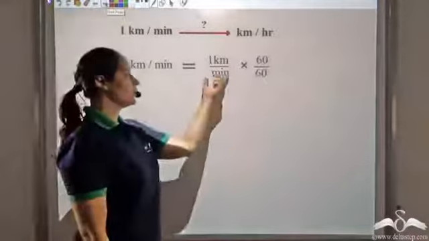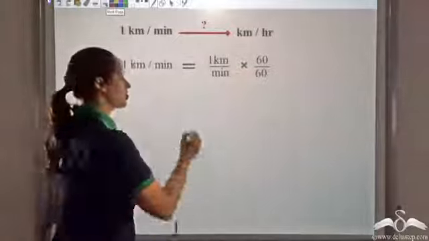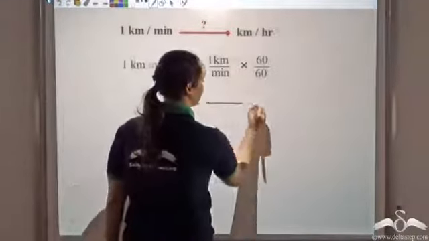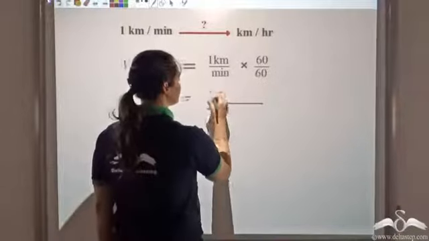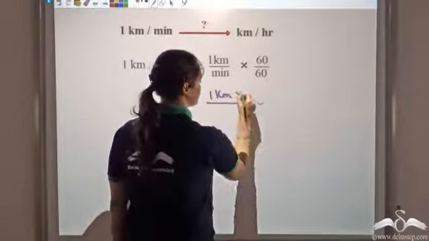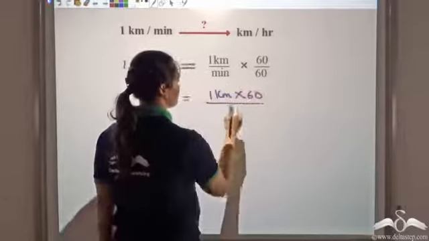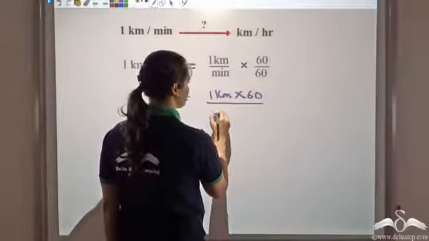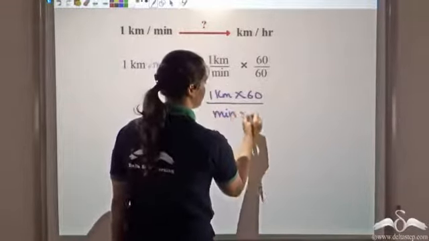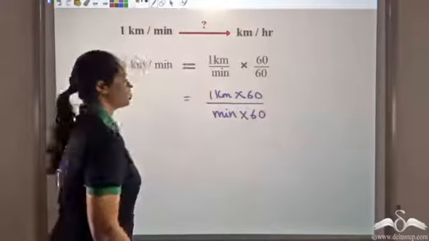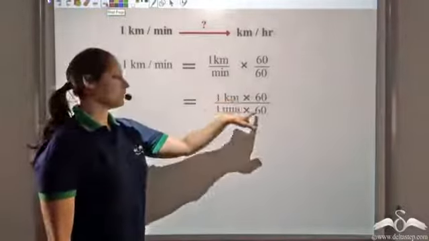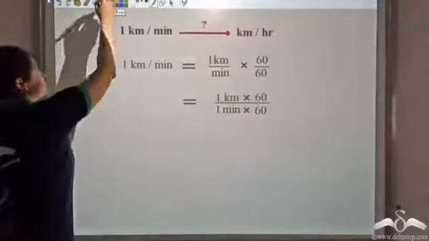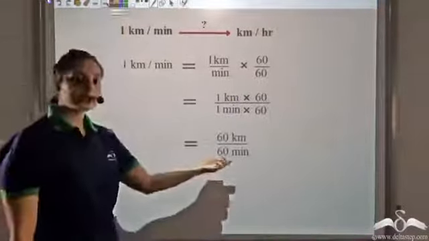Further, I know if I multiply two rational numbers, I can multiply the numerators, divide by multiplication of the denominators. So numerator gives me 1 kilometer into 60 and denominators I can multiply, that gives me a minute into 60, which is nothing but 60 kilometers divided by 60 minutes. So this is what I get.